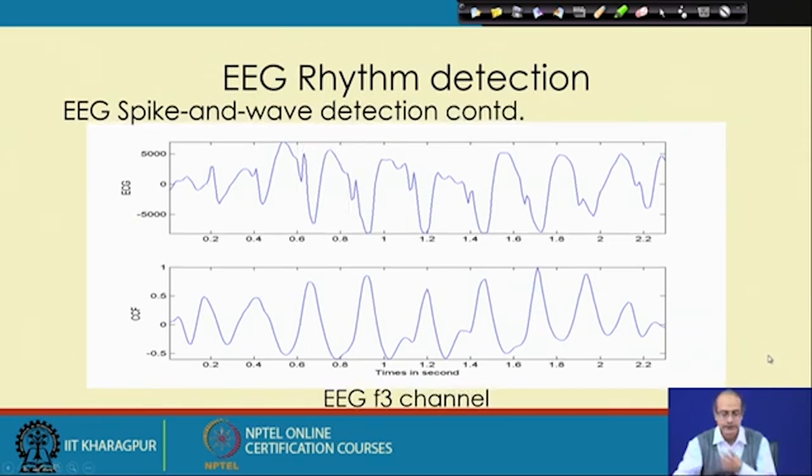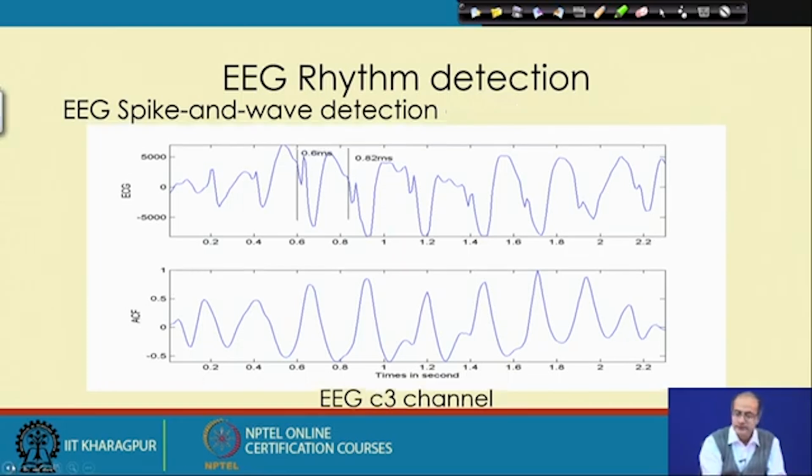Now, we take another example where we have changed the signal. Earlier we were looking at the C3 channel. Now, we have taken a template from the expert, from 0.6 millisecond to 0.82 millisecond.